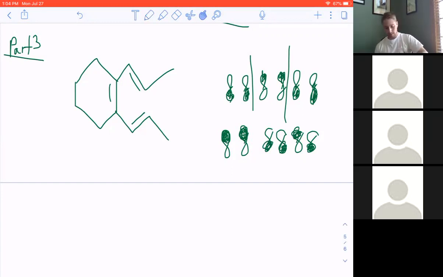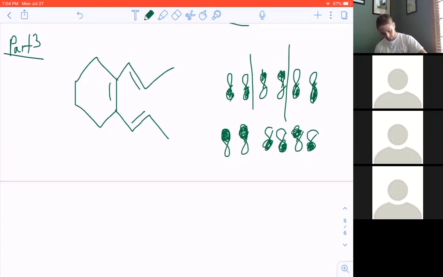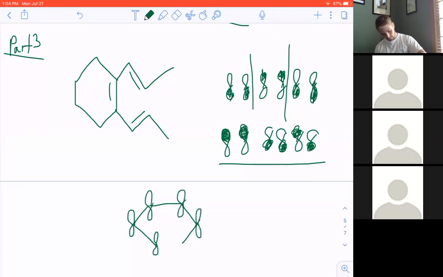Basically, I'm going to draw this head on. So it looks like this. And drawing, we'll just use this example of the LUMO that I drew. So you'll have this, this, this. And how I drew it, it'll look like this.